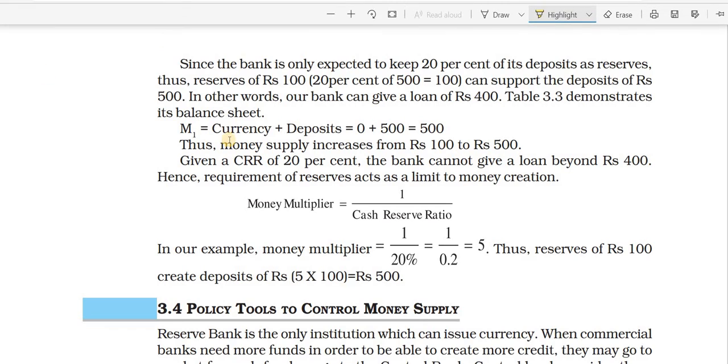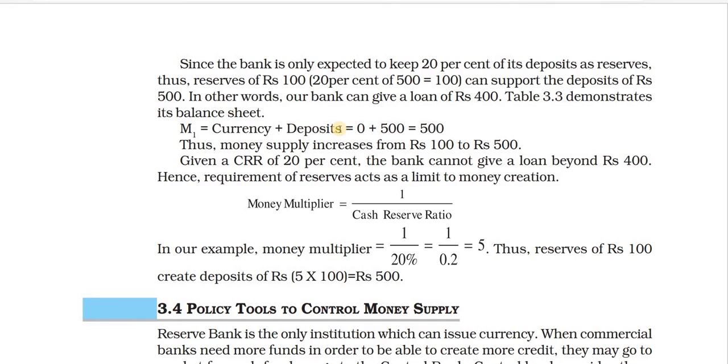Here you can see M1 equals currency plus deposit, which is 0 plus 500. We know CRR means cash reserve ratio, and the money multiplier equals 1 divided by the cash reserve ratio.